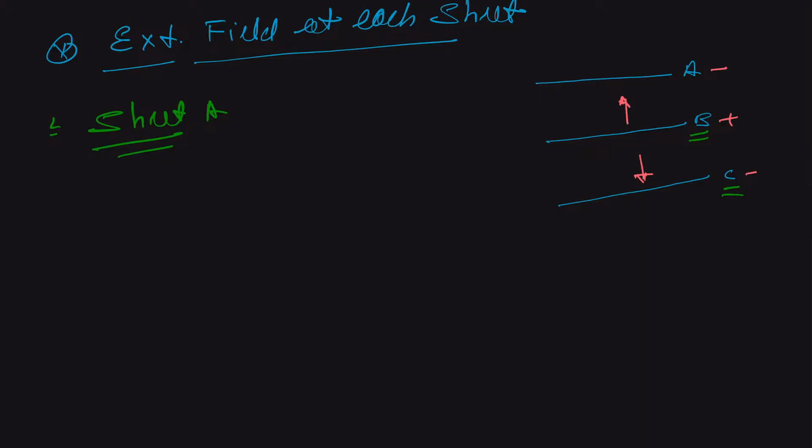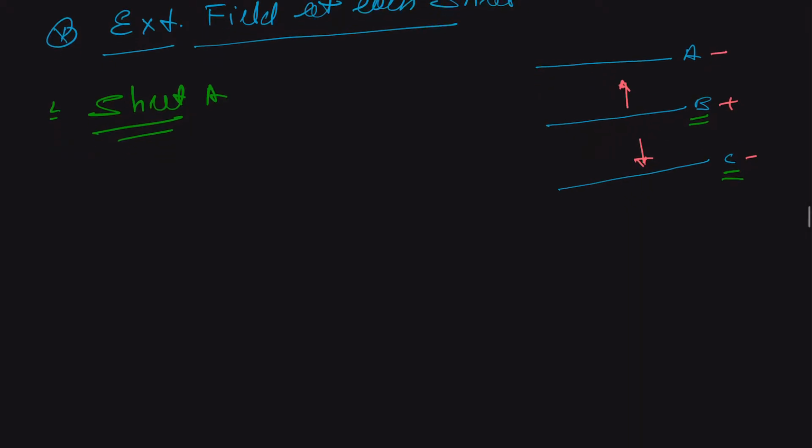And therefore we can write that the electric field because of B on A will be equal to, by the formula we already know, the charge density divided by 2 epsilon naught. This is the electric field because of an infinite sheet. So the charge density in this case is plus 7 into 10 to the power minus 5, divided by 2 epsilon naught.